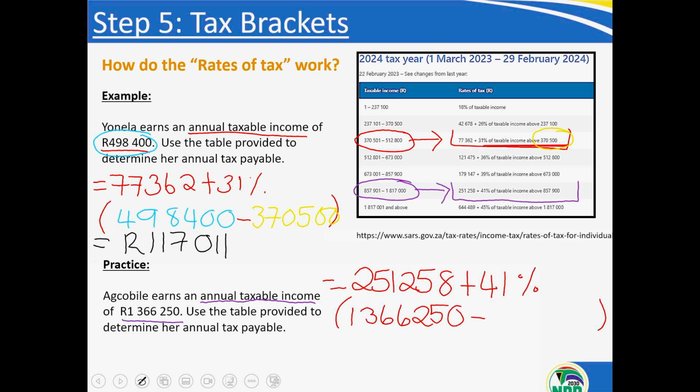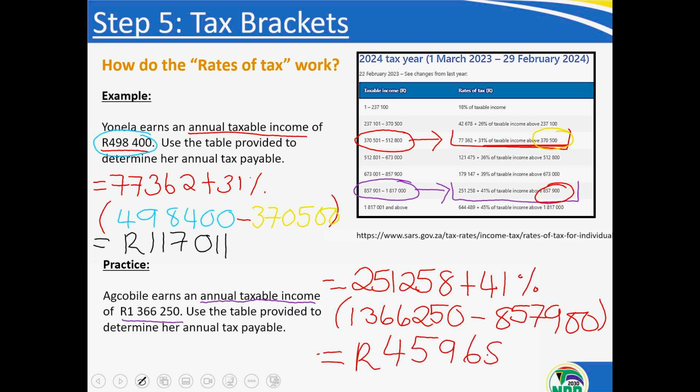We subtract it with the value in the table. And your final answer with the rand unit should be 459,681.50. On your calculators, it will say comma 5, but because it is money, we work with 2 decimal places, so you'll add the 0 to the end.